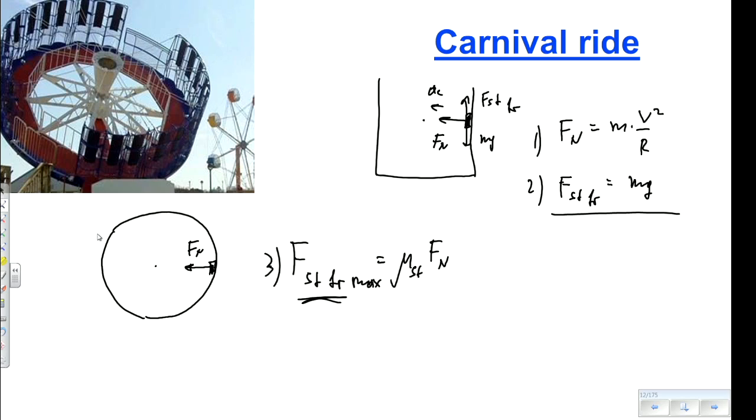And of course, if you want to, we can calculate that critical speed. Critical speed is achieved when actual value of static friction is equal to maximum value of static friction. In that case, we can combine these equations together.